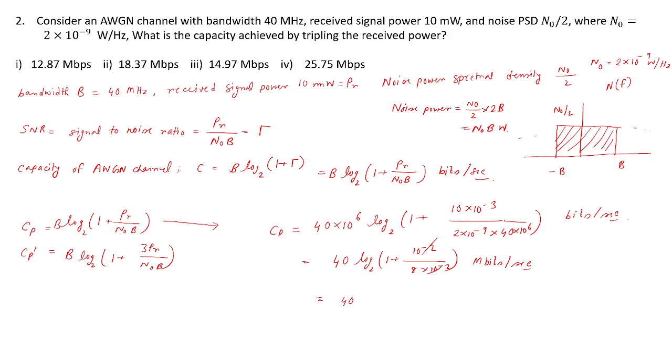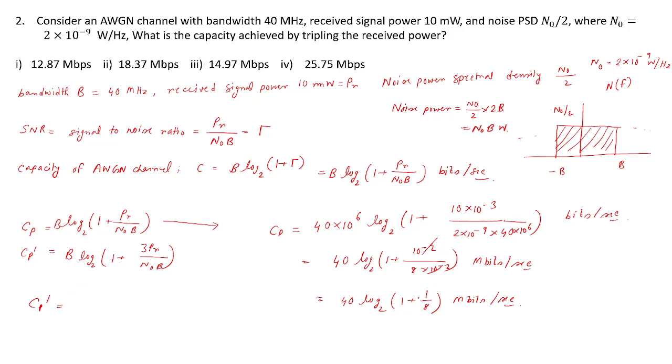So you get 40 times log base 2 of (1 plus 1 over 8) megabits per second. Now we see that when we consider CP dash, we can consider CP dash from CP only.